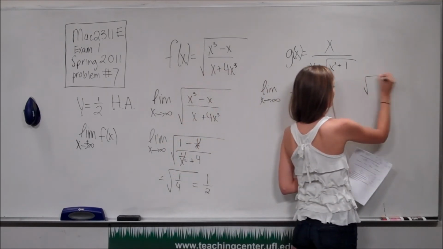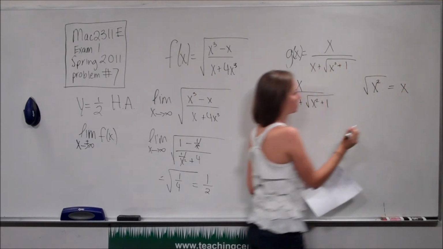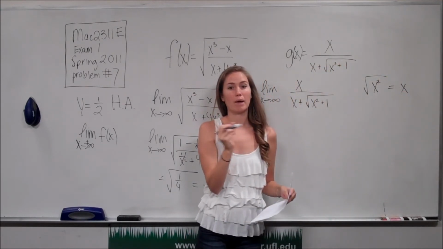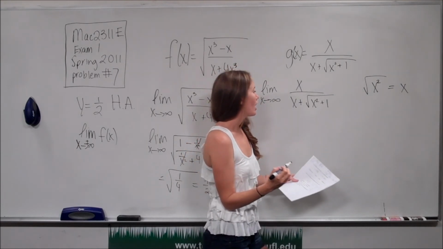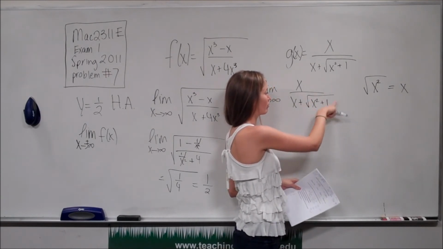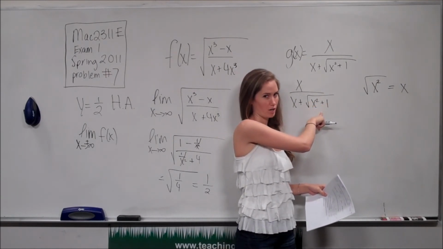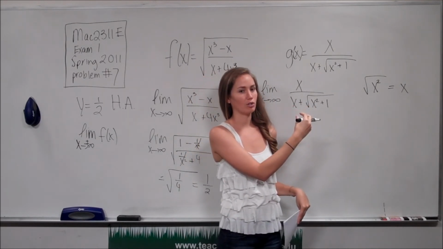That means the square root of x squared is just equal to x. So we're going to divide each term by an x, which is the leading term.